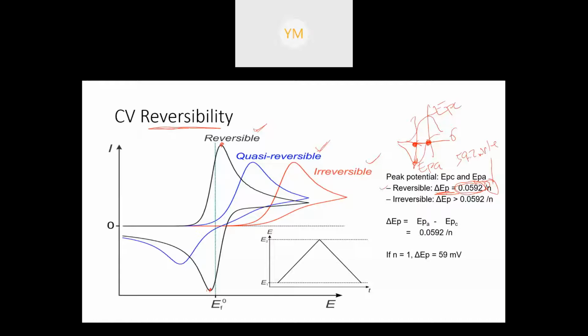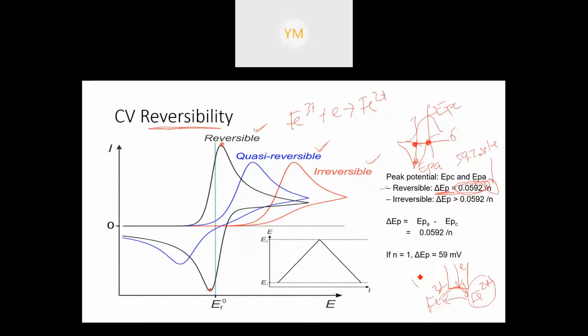Reversible means, for example, ferrum 3 reduced to ferrum 2. It happens on the working electrode, so from ferrum 3 to ferrum 2 it accepts one electron. 3 to 2 is reduction, and 2 to 3 is oxidation, the reverse.